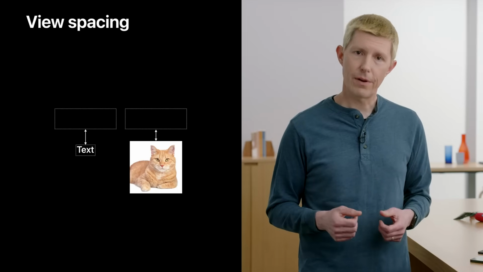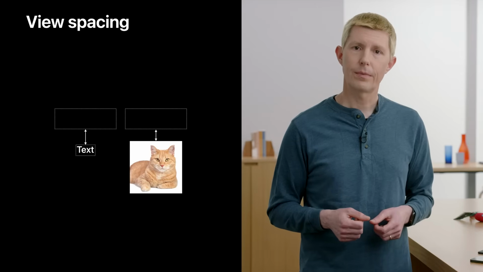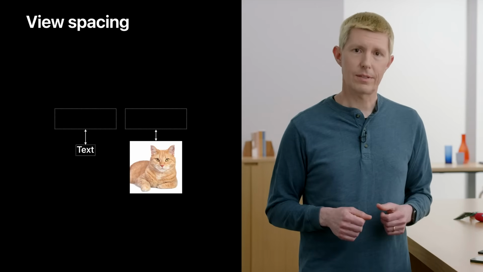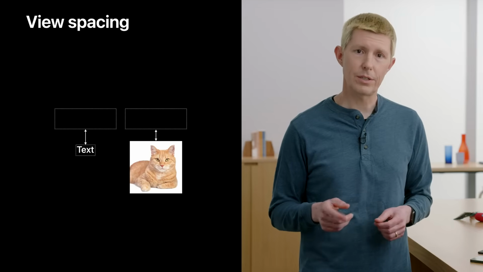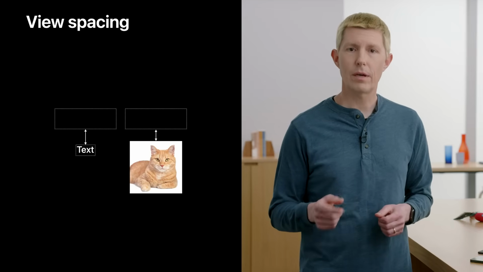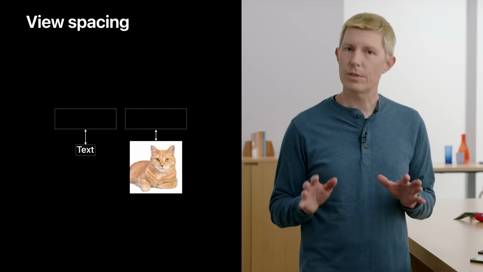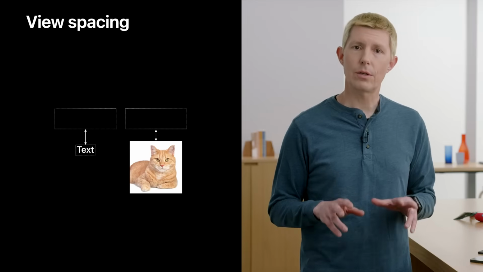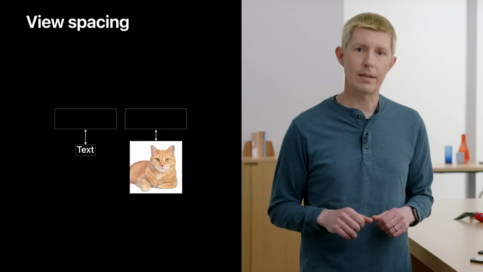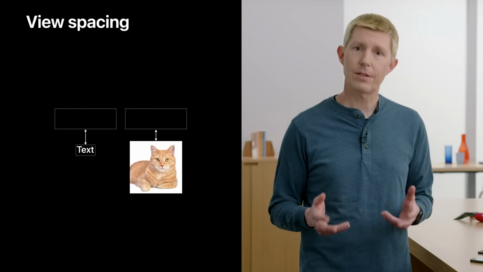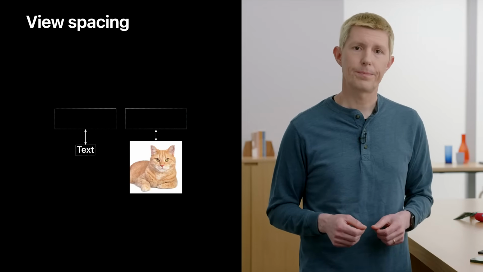And the values can vary by platform as well. You can ignore these preferences if it makes sense for your layout, which is essentially what's happening when you initialize a built-in stack with a custom spacing. But respecting these preferences in your own layouts is a good way to get results that automatically follow Apple's interface guidelines, and as a result, match the look of the rest of the system.